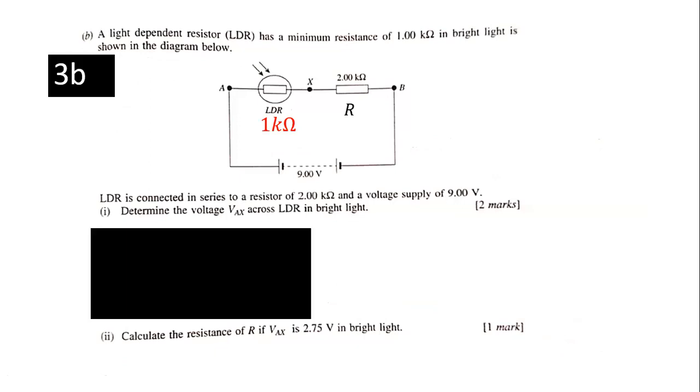Let's try what we can do. They don't need to use this one anymore. But it's a bit funny kind of question. Something wrong with the question. You want to find R, they already gave you R. So you can find the potential difference across it, which is 9 minus 2.75. That one is given. So it's 6.25. Then what should I do? Yeah, how to find the resistance R?